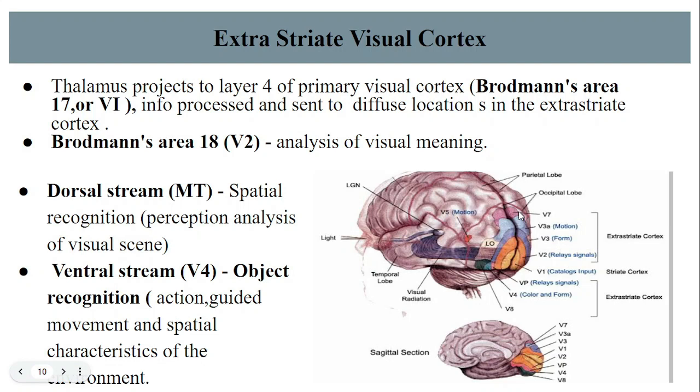The dorsal stream, which includes the middle temporal area, is involved in spatial recognition and the analysis of visual scenes, such as the movement of objects and the perception of depth. The ventral stream, which includes the posterior inferotemporal cortex V4, is involved in object recognition, the guidance of action and the perception of the spatial characteristics of the environment.